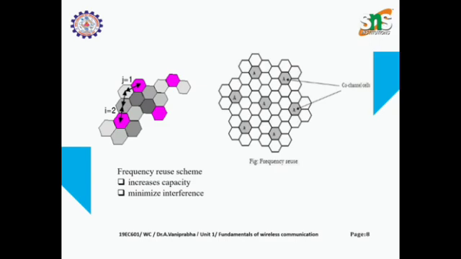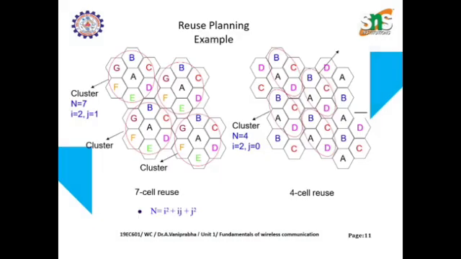Interference is nothing but unwanted noise or signal which influences the quality of the original signal. How to reduce the interference then? We have 2 parameters, co-channel and adjacent channel. So how to reduce the co-channel interference and adjacent channel interference? Let us see.